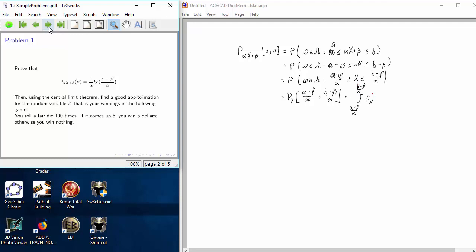And because I want to reserve x as my final variable of integration, I'm going to write this as an integral over y.